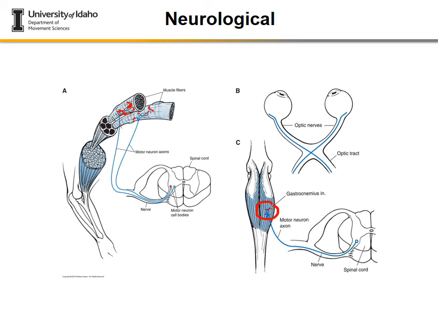Here you see where two motor neurons come out and attach to different muscle fibers within the same muscle belly. So multiple motor units will be in charge of multiple muscle fibers within the huge muscle.